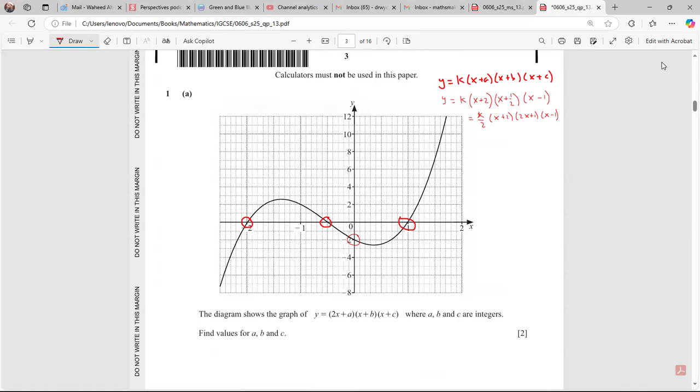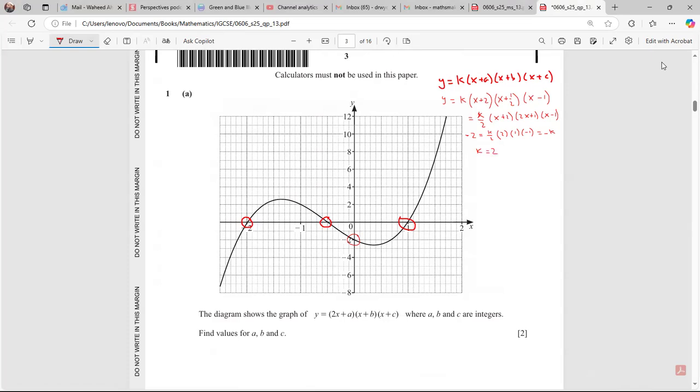So if x is 0, y is minus 2, so this is equal to k by 2, and since x is 0, I have 2 here only, 1 here only, and minus 1 only. So this simplifies to be minus k. So from here we can say that k is equal to 2.